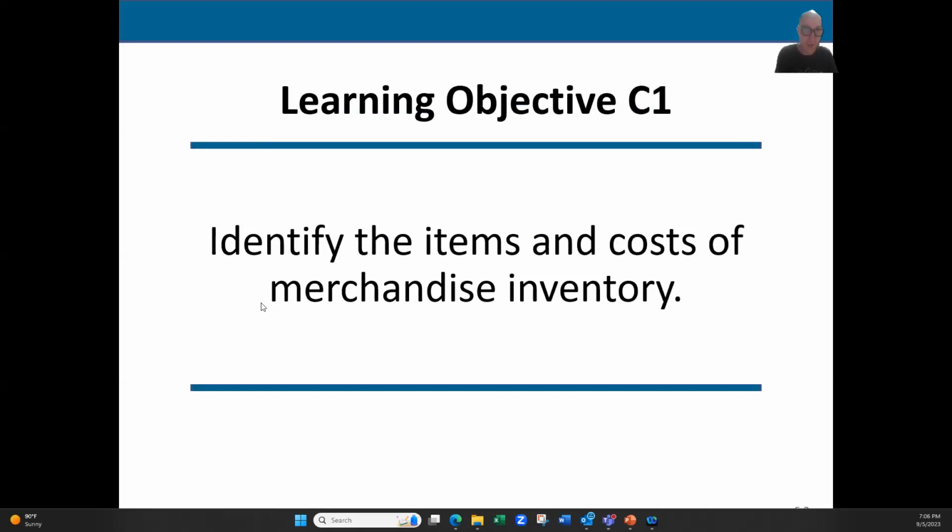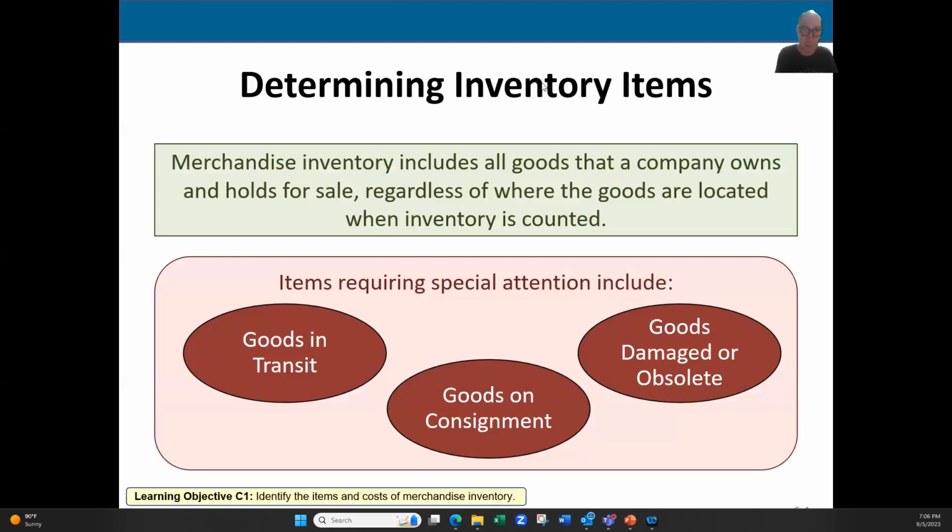So first, let's take a look at the inventory items and the cost of inventory. So inventory item, that's what we sell. Item is what we sell. That's straightforward. The merchandiser, the company that sells the physical goods, inventory item is an item that we sell.